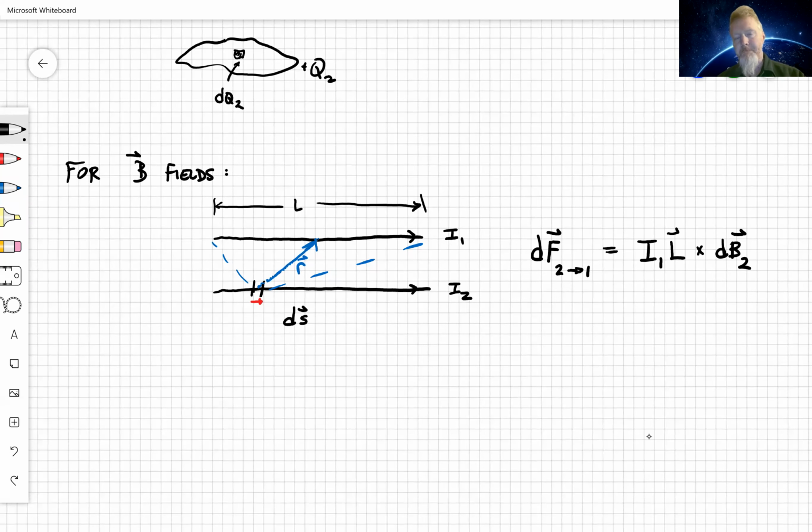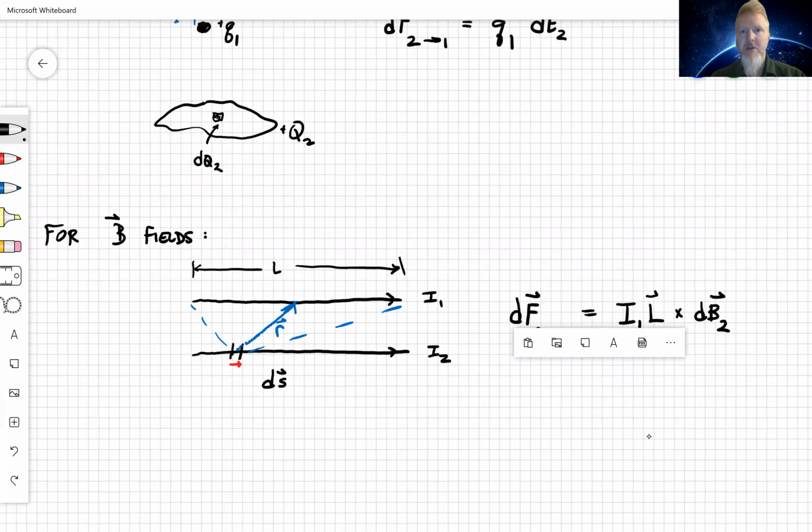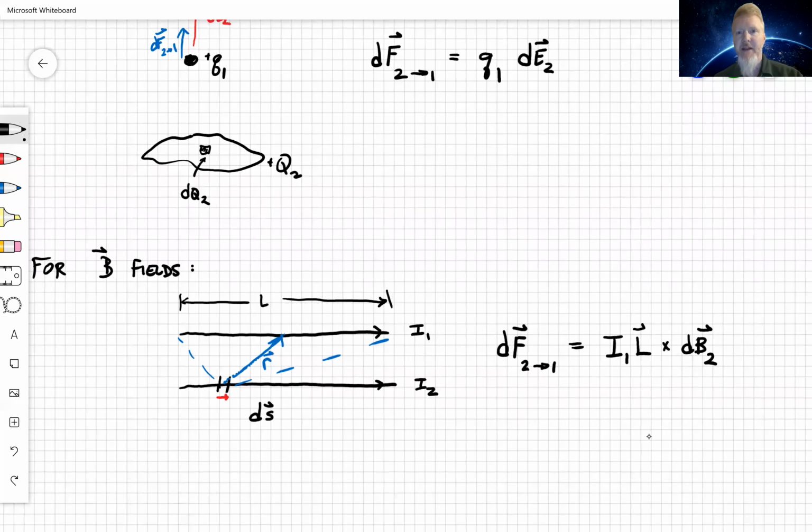All right. And so what's happening here is if we make a little analogy, which it's not that bad of an analogy, but let's look at what we have between these two things, right? We've got dF21 for the electrical case. I've got dF21 for the magnetic case.